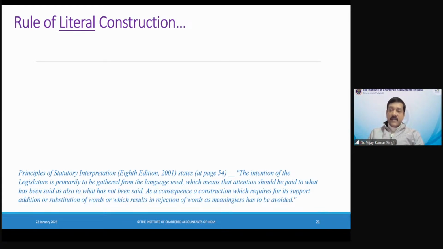So while you are reading the provision, you should not skip a word because that suits you. You cannot add a word because that suits you. You cannot use a synonym because that suits you, or a similar kind of a different word which suits you. You have to read the law as it is provided. Okay.